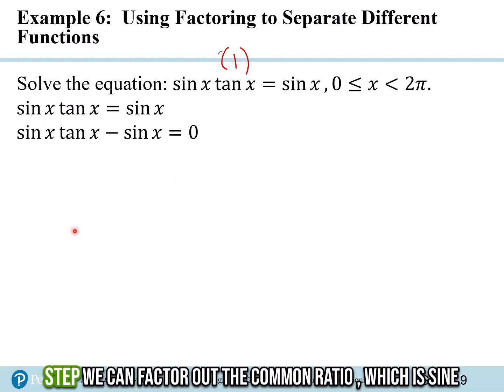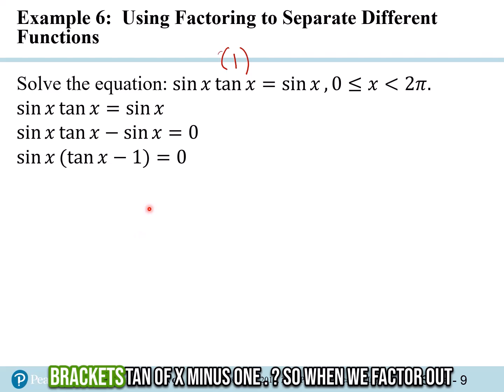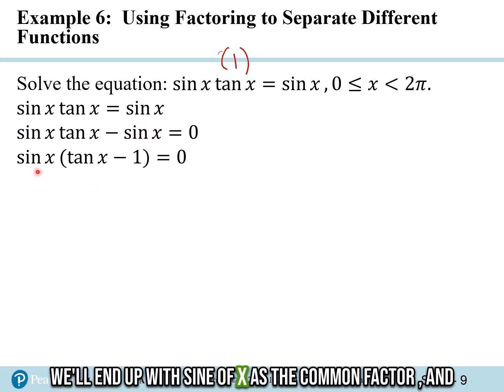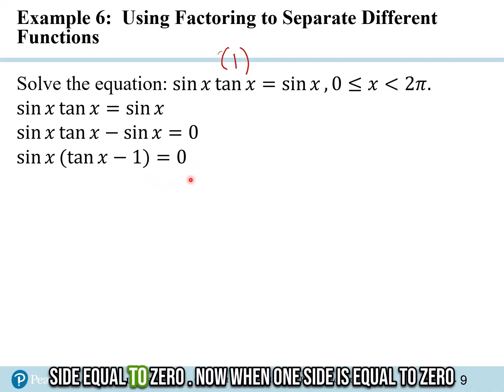Now, in the following step, we can factor out the common ratio which is sine of x, correct? And we get sine of x and then within brackets tan of x minus 1. So when we factor out sine of x from both the terms on the left hand side, we'll end up with sine of x as the common factor, and within brackets we have tan of x minus 1, the other side equal to 0.